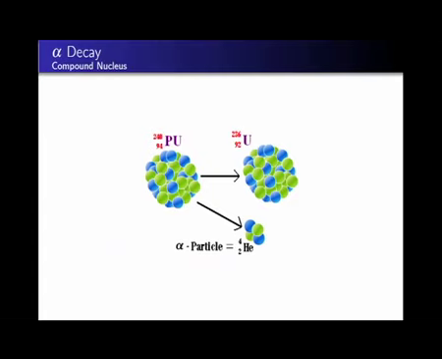So what is the balancing that we have to do? 236 plus 4 is 240, 92 plus 2 is 94. But it does not end here. What should you do? You should look at the mass of plutonium, the mass of uranium, and the mass of helium.